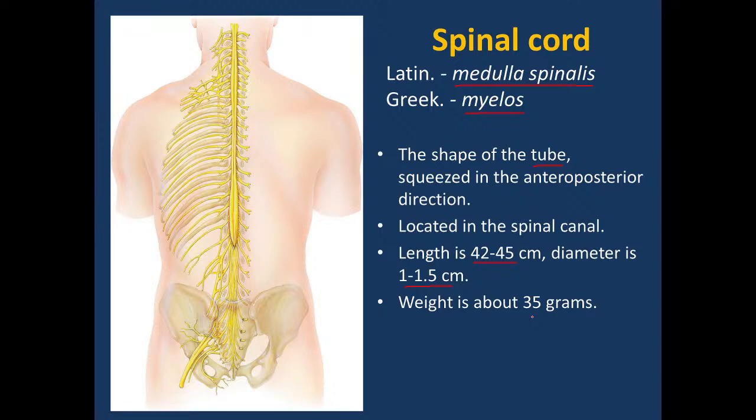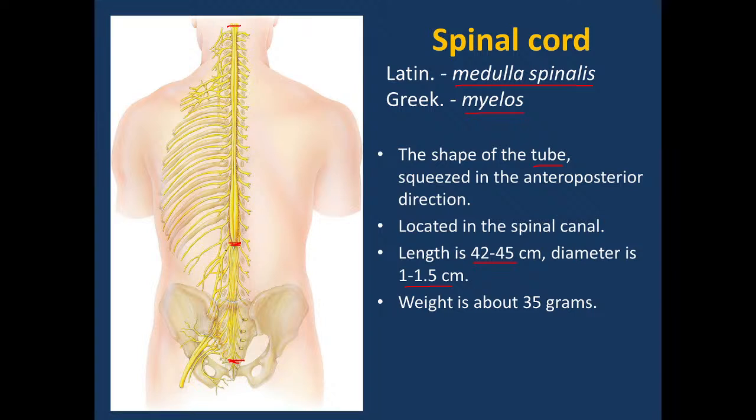Spinal cord occupies only the upper 2/3 of the vertebral canal. Usually the canal is from the cranium to the end of sacrum, but as you see, spinal cord ends at the level of the second lumbar vertebra.